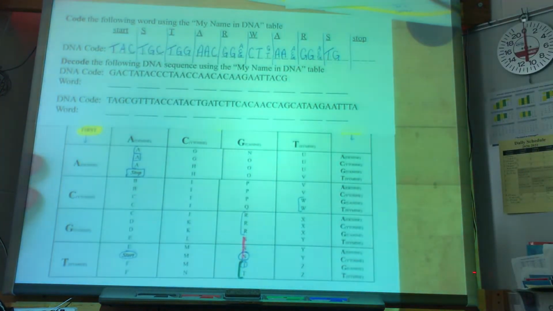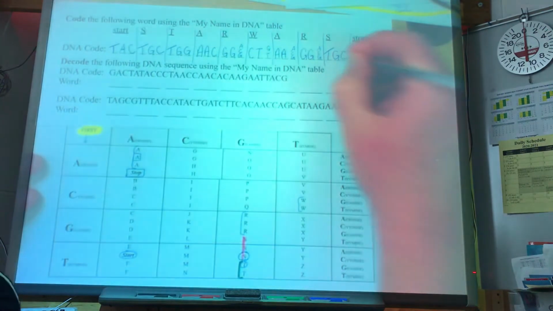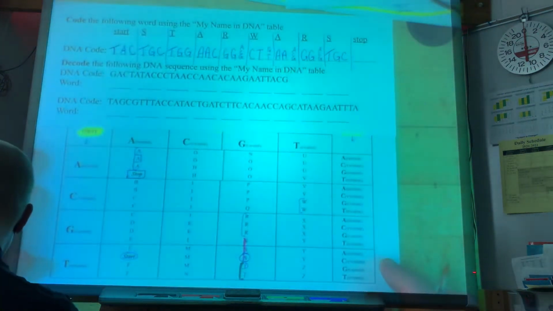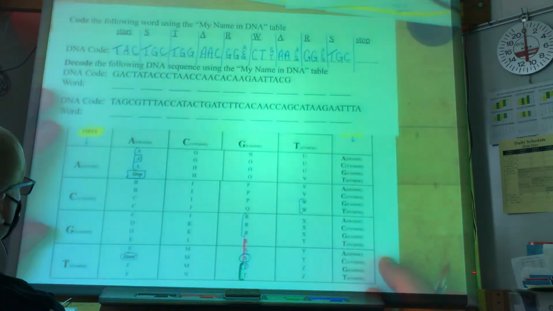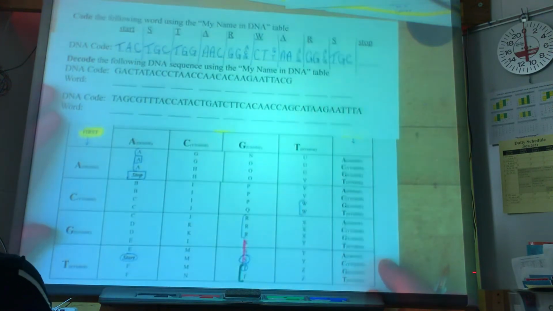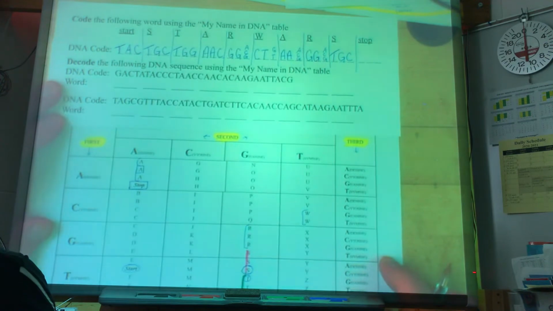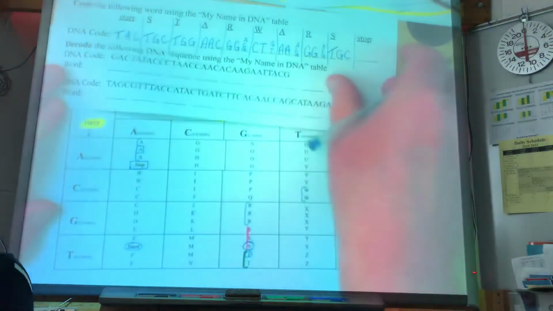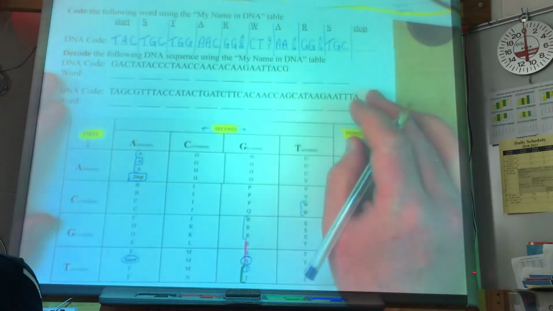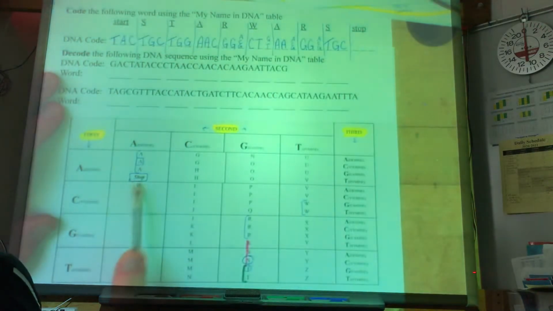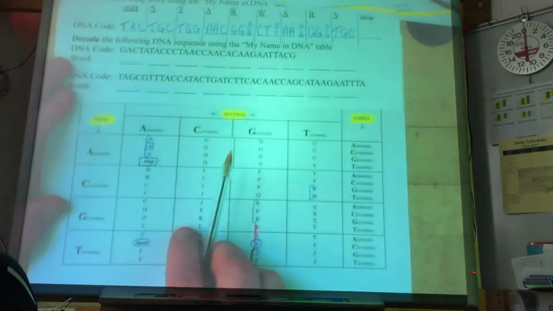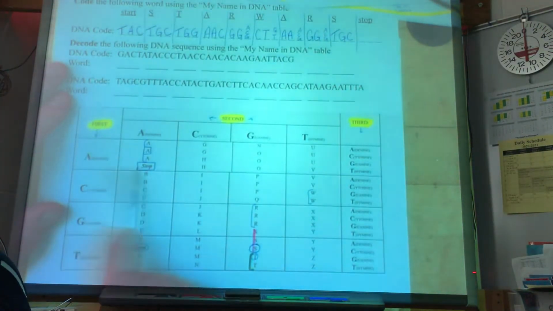But the idea is we need a start codon to say start spelling our word now, and then we need a stop codon to say stop spelling our word now. So for our sake, what does our stop codon have to be? The three-letter sequence for stop is AAT, right?